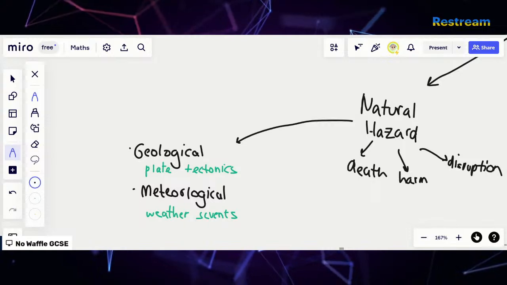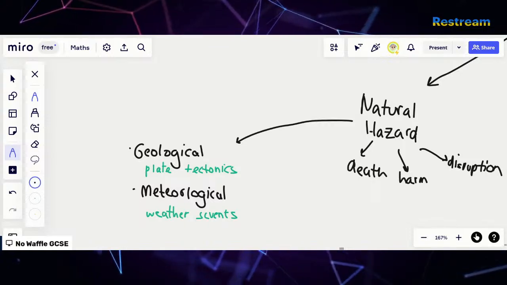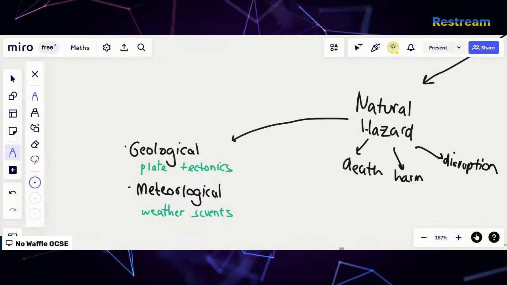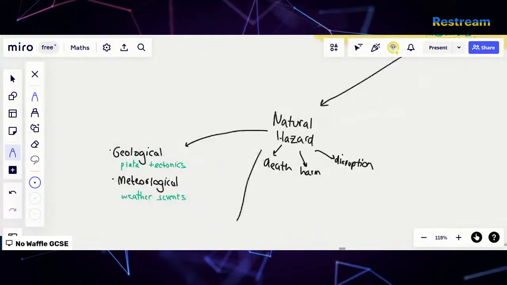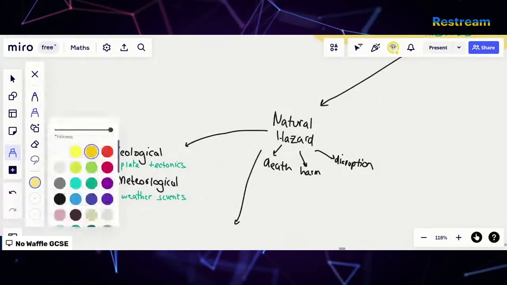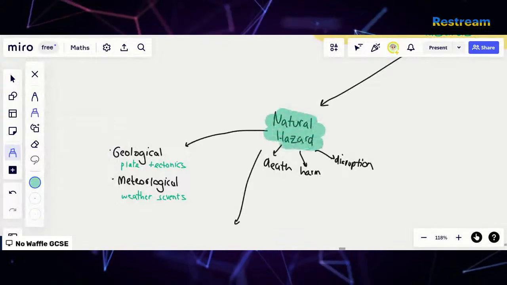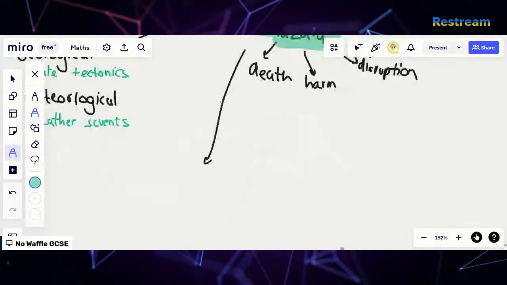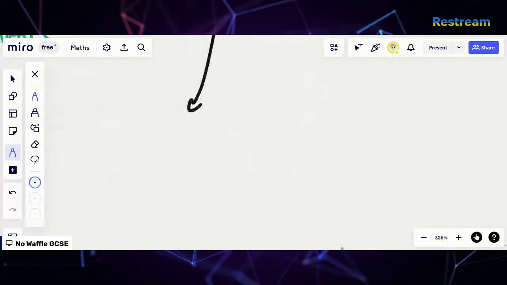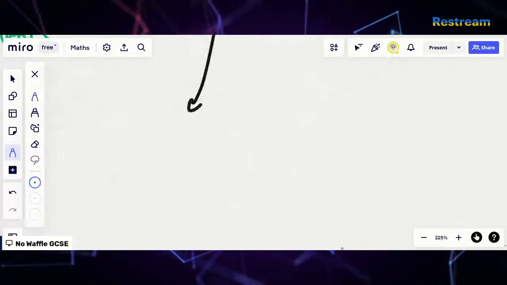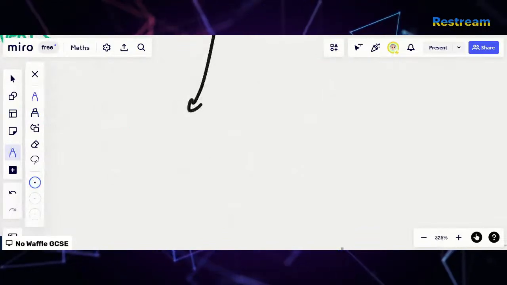Now we then ask what factors affect the hazard risk. So we need to see factors affecting the hazard risk, which is basically what factors increase the chance of you being affected by a hazard.